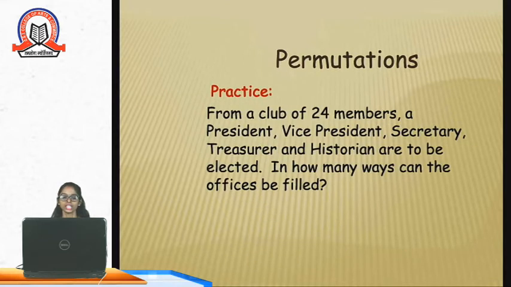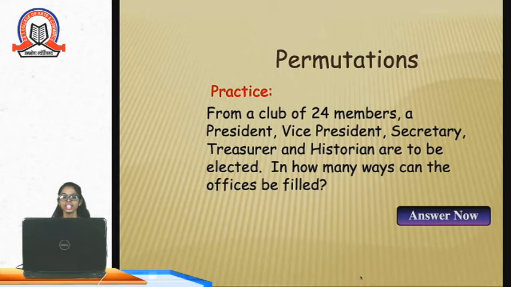Next question: from a club of 24 members, a president, vice president, secretary, treasurer and historian are to be selected. Then how many ways can the offices be filled? In this question, total members are 24 and out of 24 members, we select these 5 designations: President, Vice President, Secretary, Treasurer and Historian.